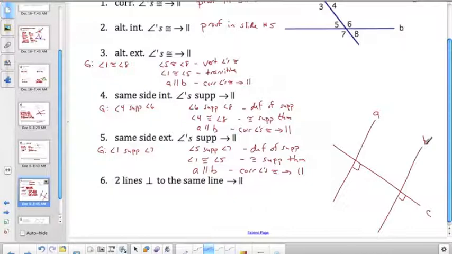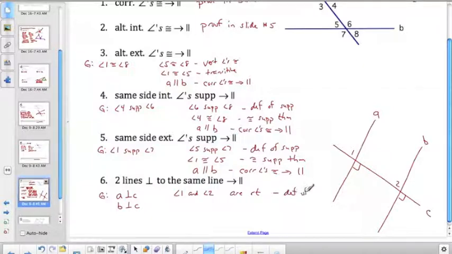We can do the same geometrically as well. So in our given, we know that A is perpendicular to C, and that B is perpendicular to C. So angle 1 and angle 2 are right.